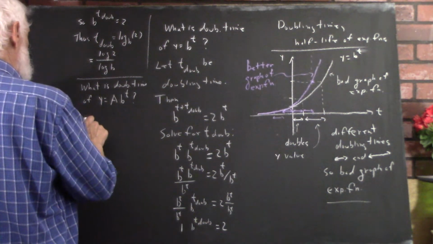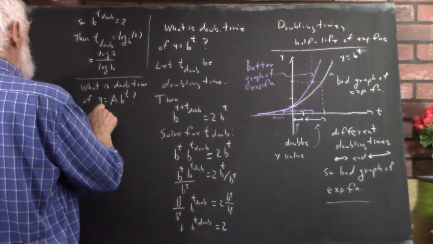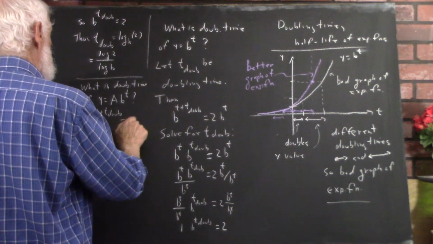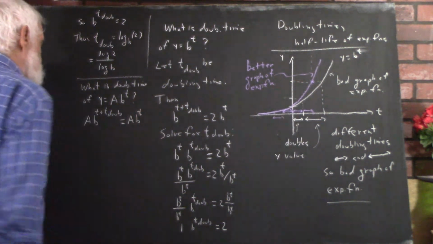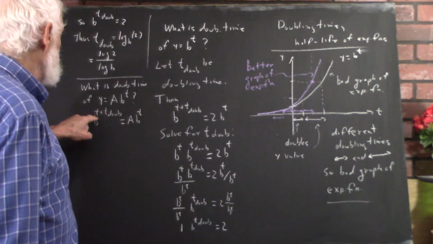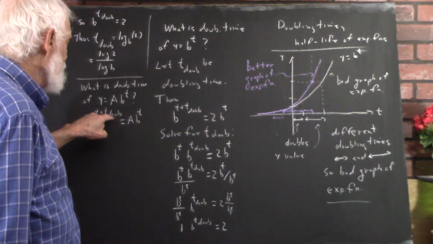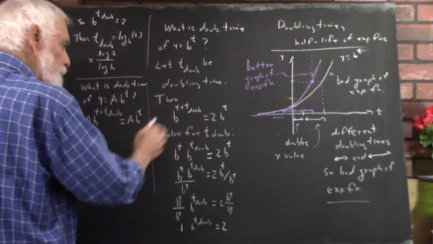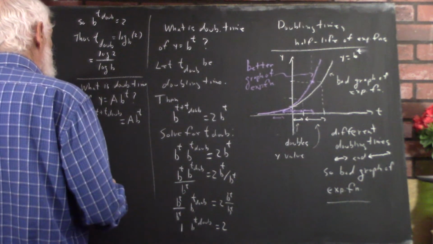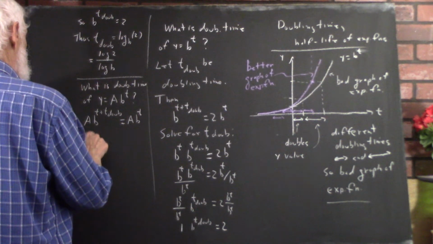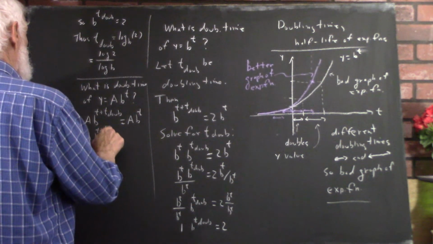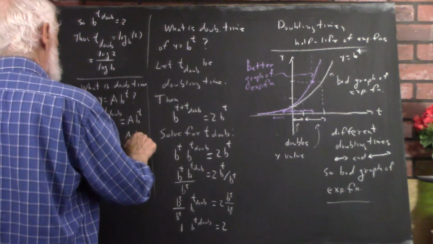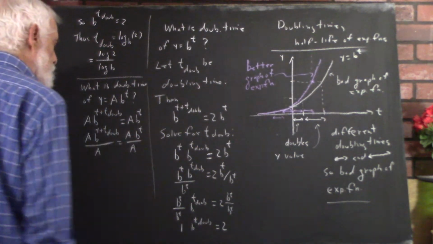Well, that says that a times b to the t dub later is equal to 2 a b to the t. Just as this did, of course, except you didn't have the a in there. What are you going to do about the a? Well, we have this.